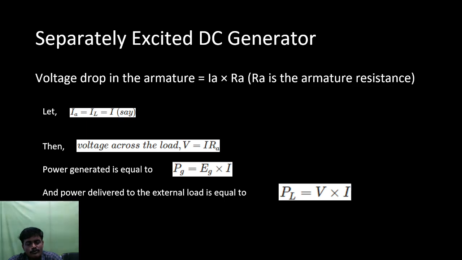So for the load, we need the load resistance and the current flowing through it, and by means of these two values we can get the voltage drop across the load. In the separately excited DC generator, IL and IA should be the same. Whatever current flows from the supply is equal to the load current.